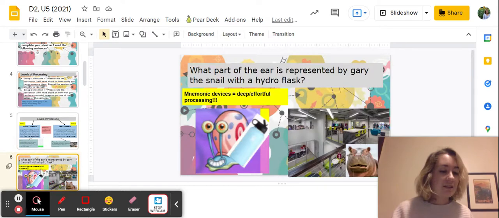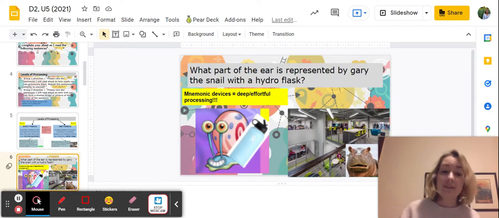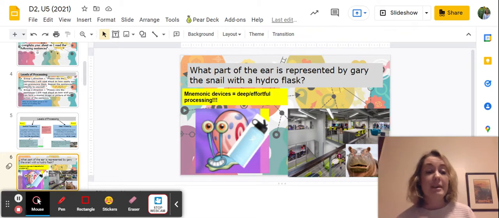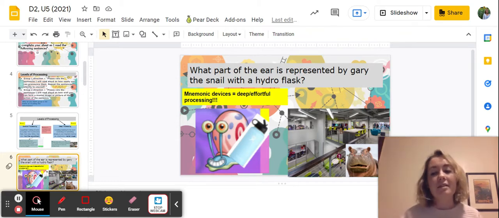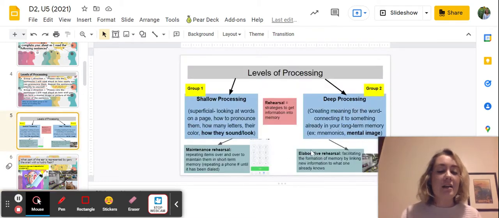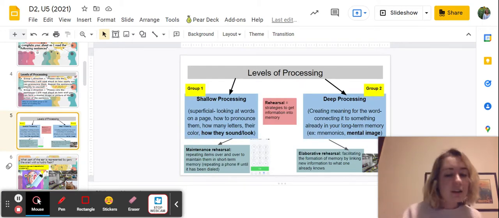This connects to me having a method for my madness and what I make you do with the vocab packets. I know sometimes you moan and groan about having to do that third column in the vocab packet where you have to make a connection to your own life. But psychologically, this is proven to be a form of elaborative rehearsal, which is a form of deep processing.